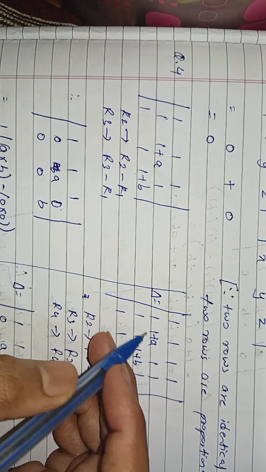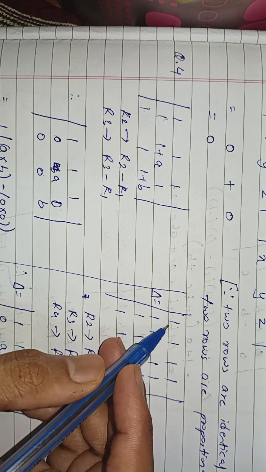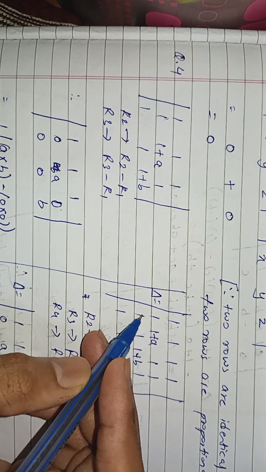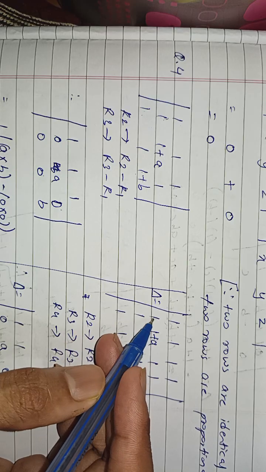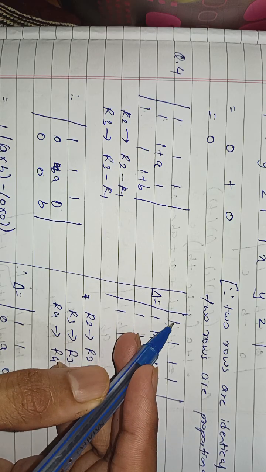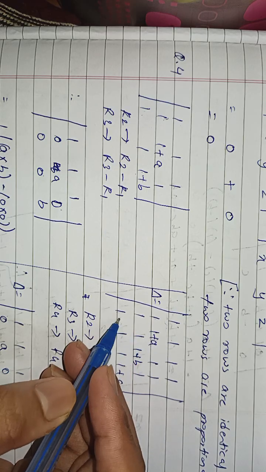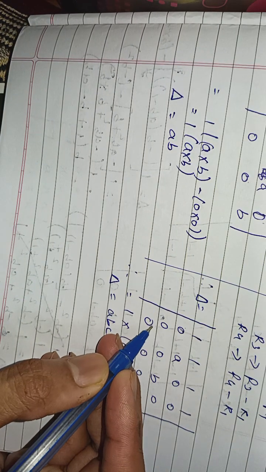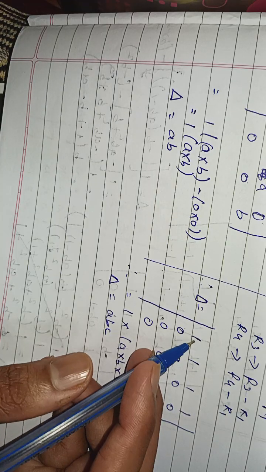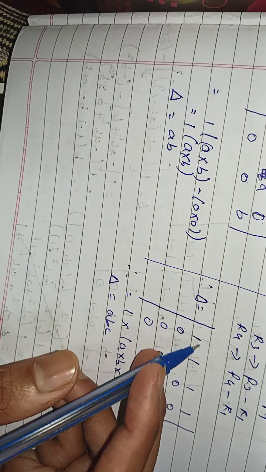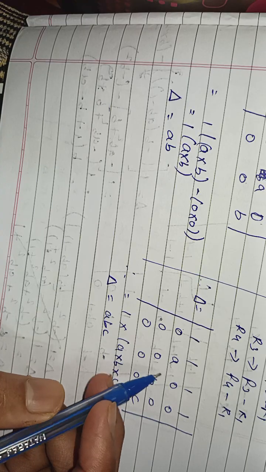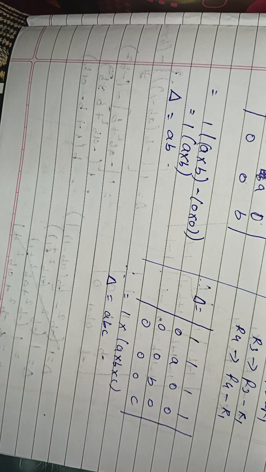This method is called row echelon form, where you convert the elements below the first element to 0. So these three will become 0, and you will not change this, only change these three things. By doing this you will get 0 here, and then expand it by taking 1. So 1 into a into b into c, so you got abc.